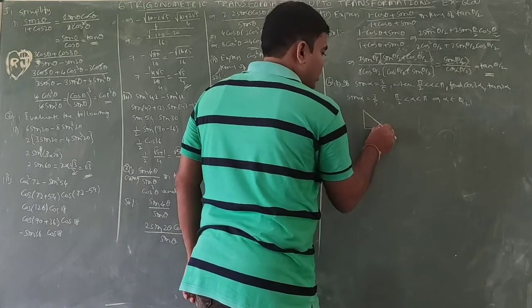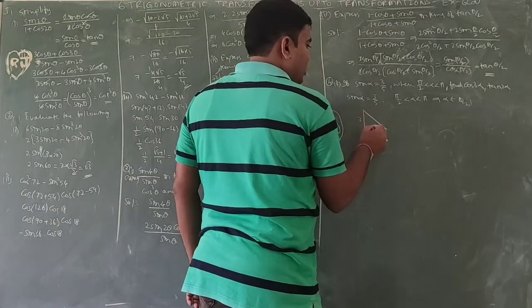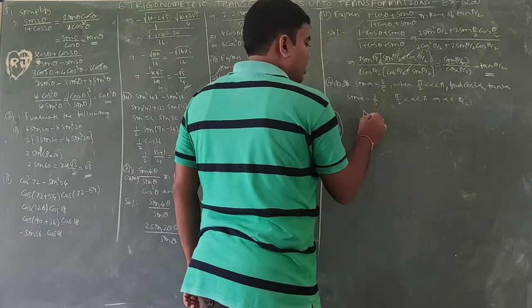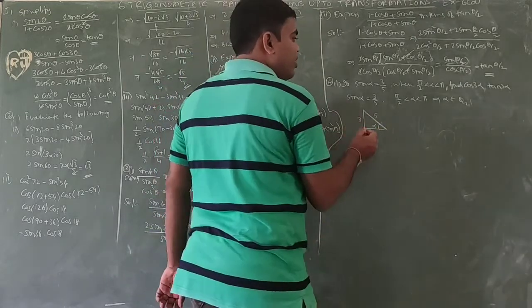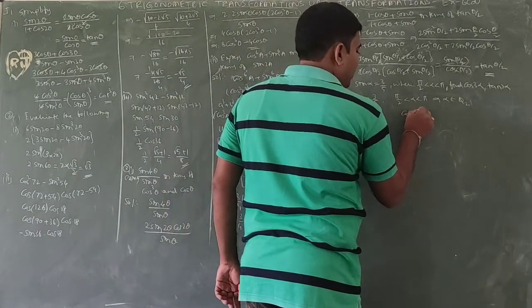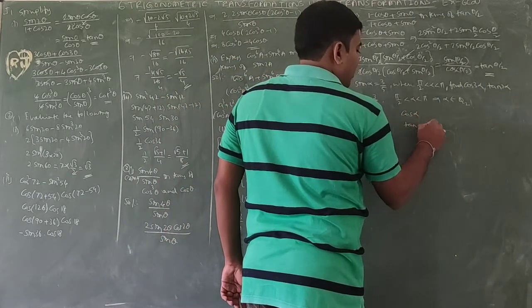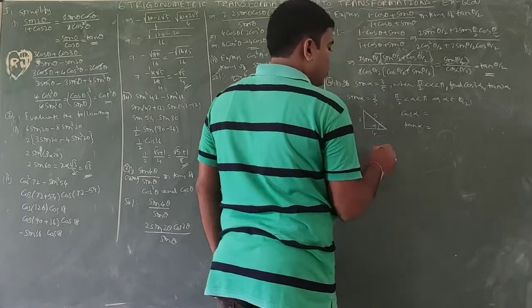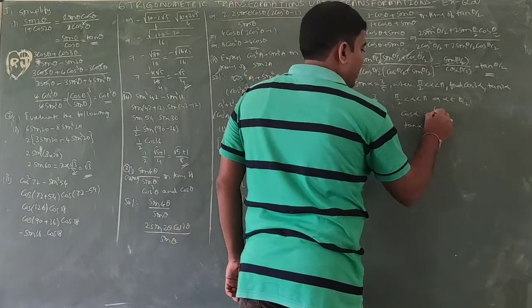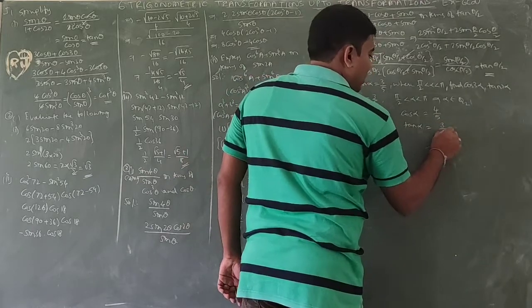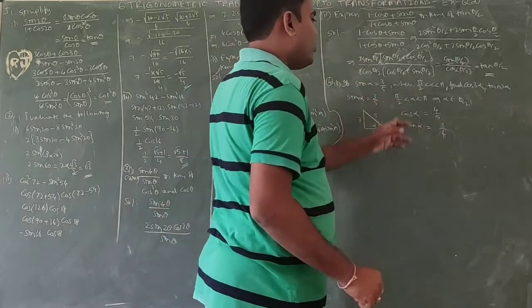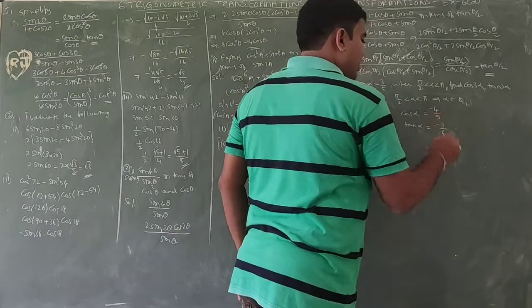So this is alpha, opposite 3, hypotenuse 5, the 3, 5 combination, Pythagoras gives 4. So sin alpha we already have, now cos alpha and tan alpha. Cos alpha equal to adjacent by hypotenuse, tan alpha equal to opposite by adjacent. And in the second quadrant both cos and tan are negative.